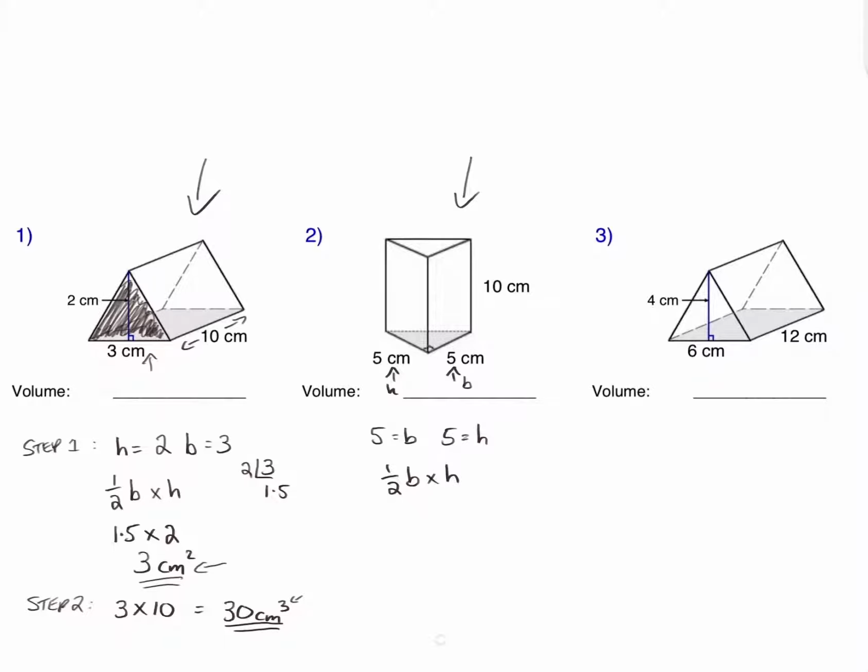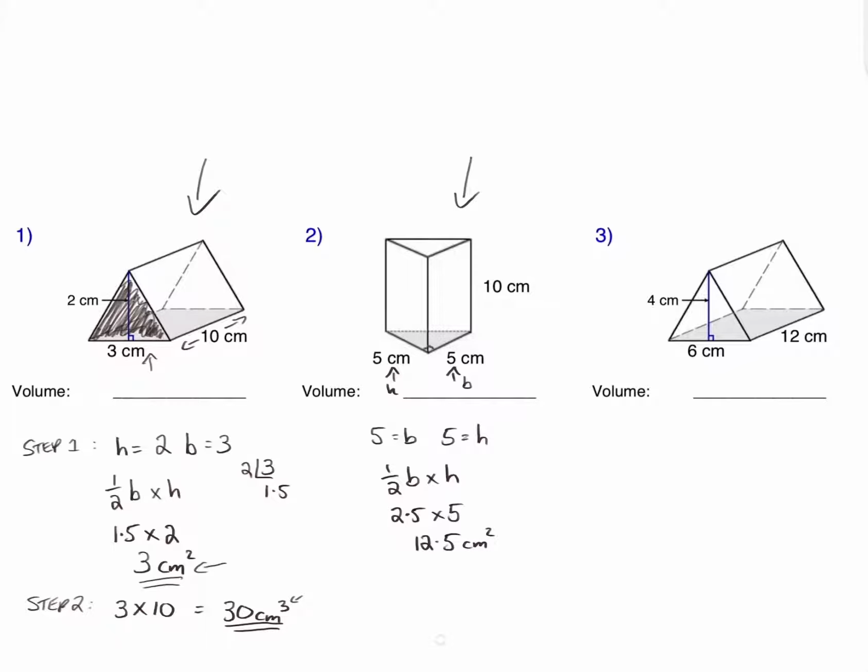A half of 5 is 2.5, so if you divide 5 by 2, you get 2.5. We multiply that by the height, which is 5, and 5 multiplied by 2.5 is 12.5. That's the area of the triangle, so that's centimeters squared.